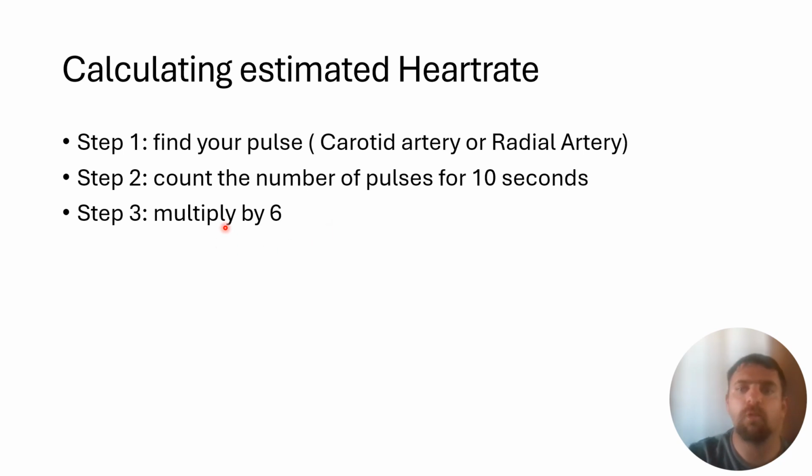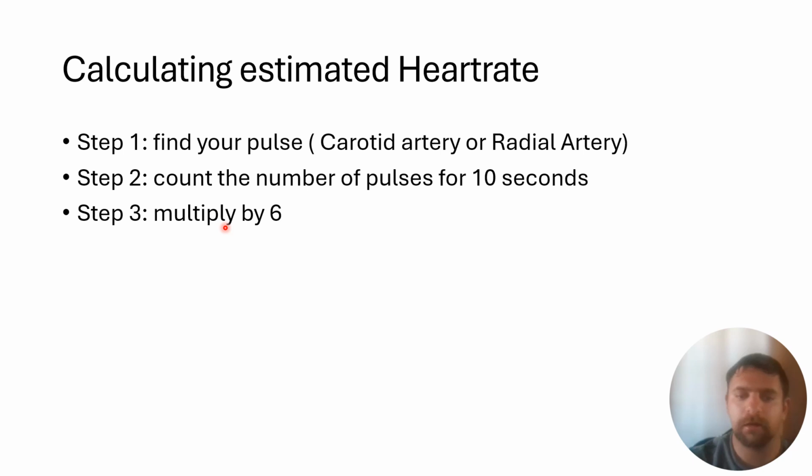Can anyone give me a reason why we're multiplying by 6? Very good, because there are 60 seconds in a minute, correct? So if we count for 10 seconds and multiply by 6, that gives us 60. That gives us a rough estimate of how many beats per minute we have.